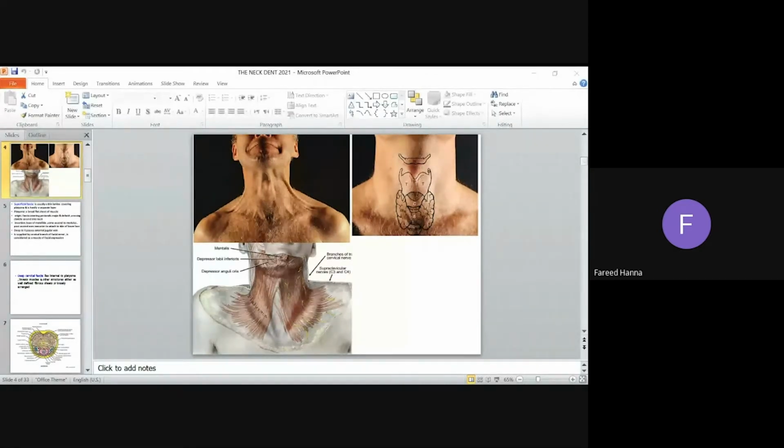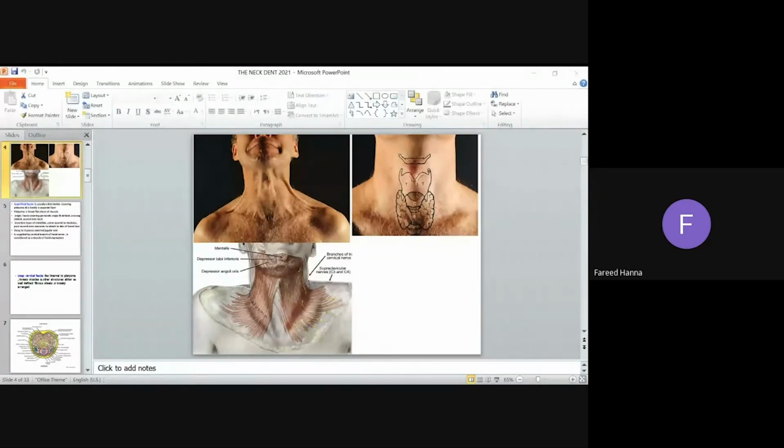If you remember, we said the floor of the oral cavity is formed by mylohyoid, which arises from the mylohyoid line and from the hyoid bone. Then you have another muscle which we call the geniohyoid muscle, again sharing in the formation of the oral floor.